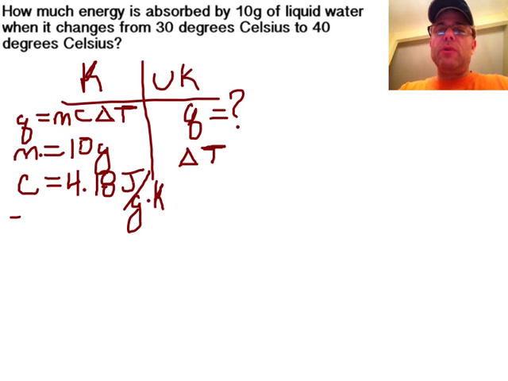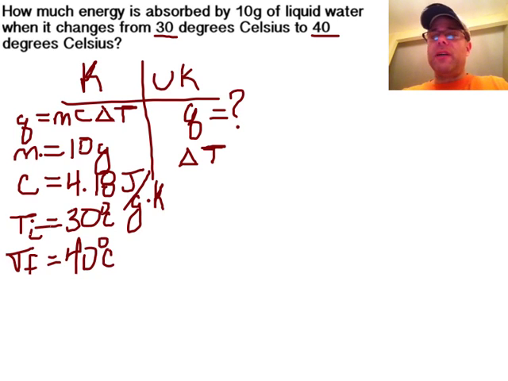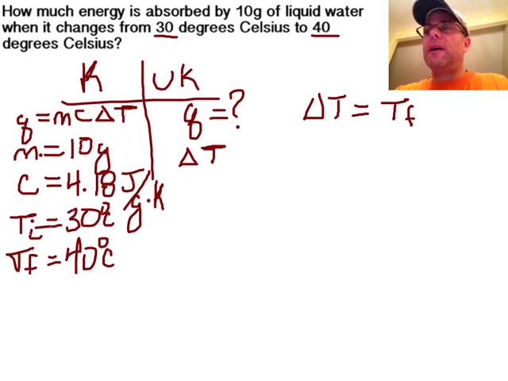We do know that we do have one temperature, which is, well, we're starting at 30, going to 40. Our initial temperature is 30 degrees Celsius. Our final temperature is 40 degrees Celsius. So let's first investigate that, because change in temperature is equal to T final minus T initial.